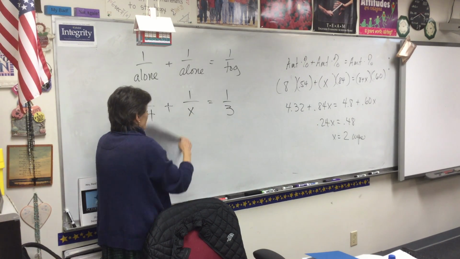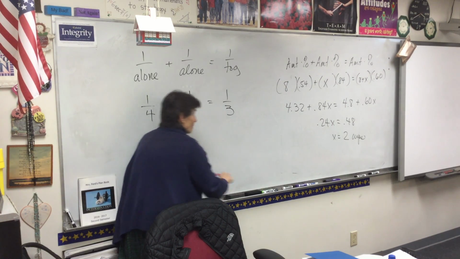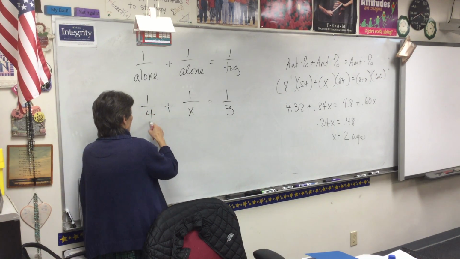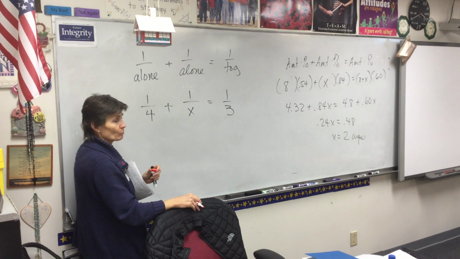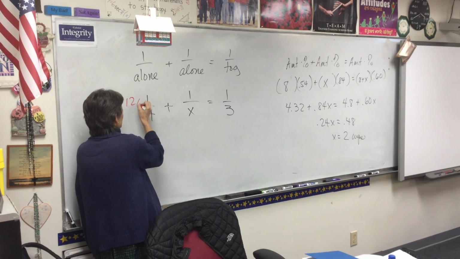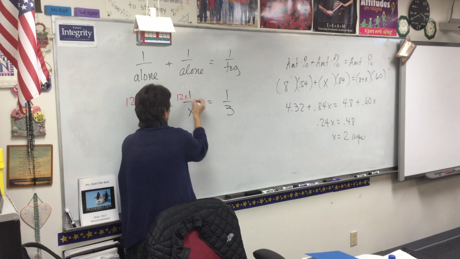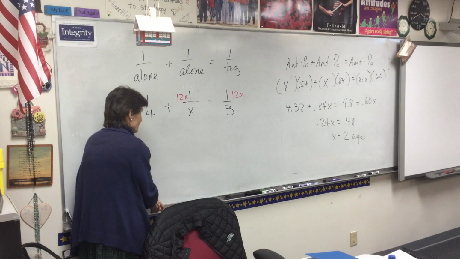Instead, multiply through by the common denominator. What is the common denominator between 4x and 3? 12x. So I'm going to multiply everything by 12x.